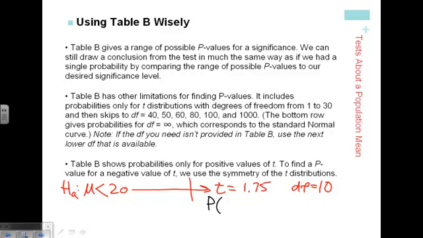Probability that our test statistic, then I go over here and I steal the direction of that inequality, is less than, oh, that's supposed to be a negative there. And now we got a problem. Our t-table doesn't have any negative values on it. Uh-oh, what are we going to do?